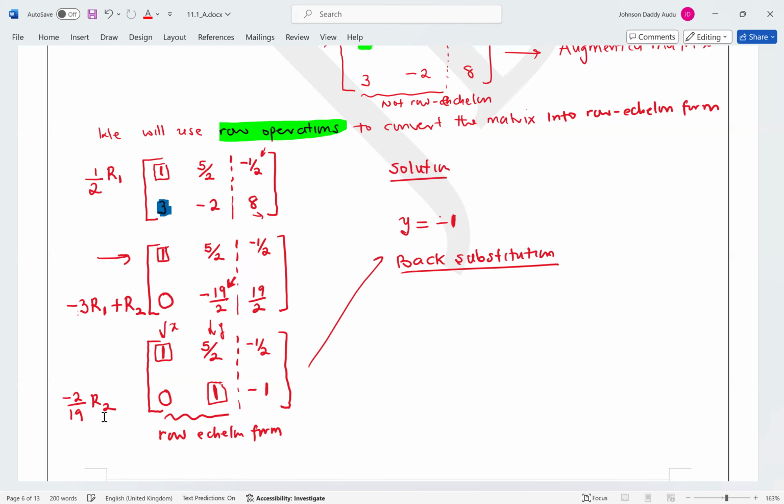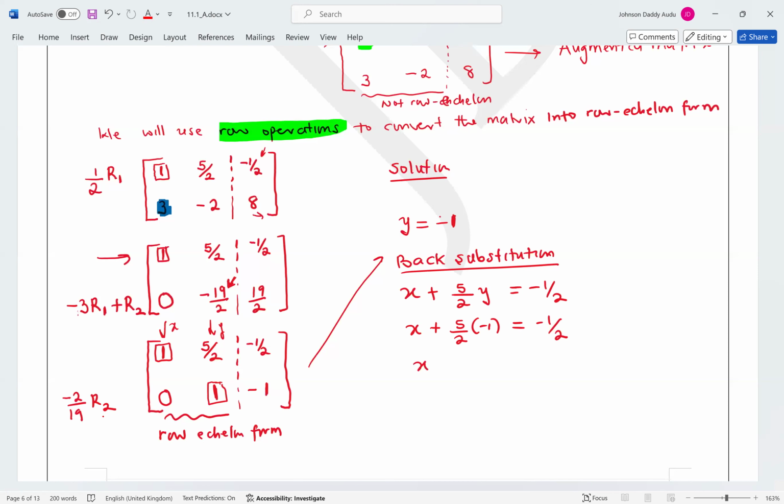So back substitution means you go to the first row. From the first row, you will have x plus 5 over 2y equals minus half. Then you can substitute y equals minus 1. So you have x plus 5 over 2 times minus 1 equals minus half.